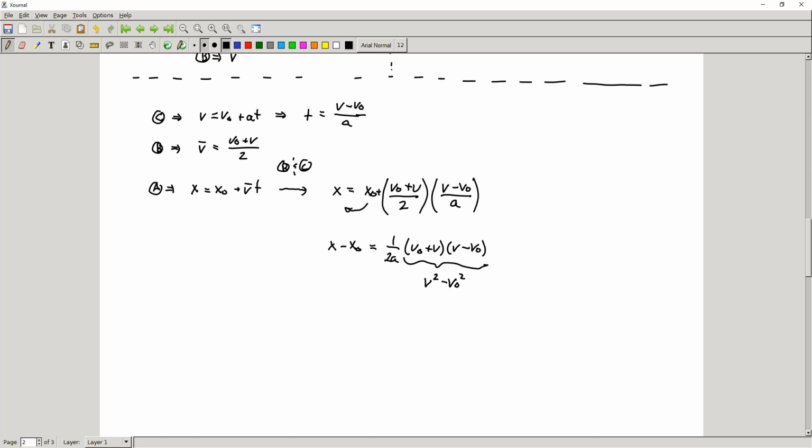And then if I shift this 2A in the basement over to the other side, we have an equation that looks like this: 2A times x minus x naught is equal to V squared minus V naught squared. And then one more rearrangement gives us V squared equals V naught squared plus 2A times x minus x naught.